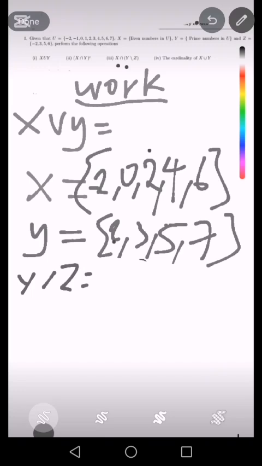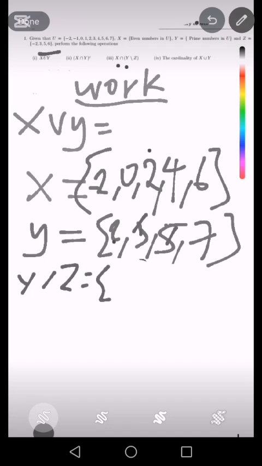Y is 2, 3, 5, 7, and z is -2, 3, 5 and 6. So we remove 3, and also 5.